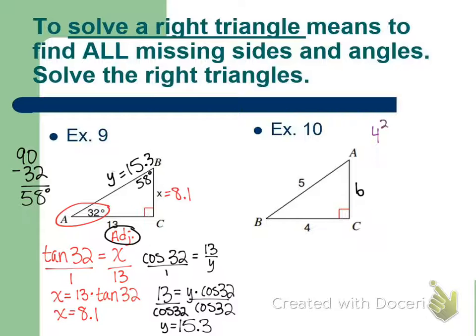And for B is just B squared still. C. Okay, 4 squared plus B squared equals 5 squared. To get B squared alone, we need to subtract. And then to get B alone, we would square root. B is equal to 3, which is nice. We didn't have to round it.